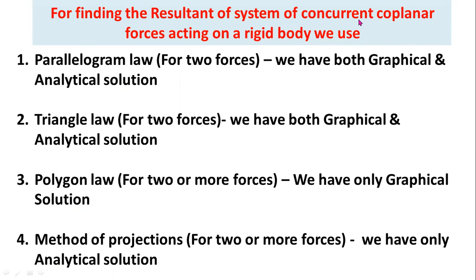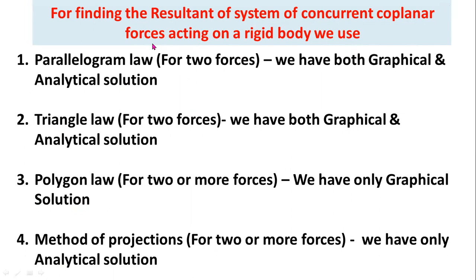Concurrent coplanar forces. First of all, what is coplanar forces? The line of action of all the forces lies in single plane, then the force system is called coplanar forces.